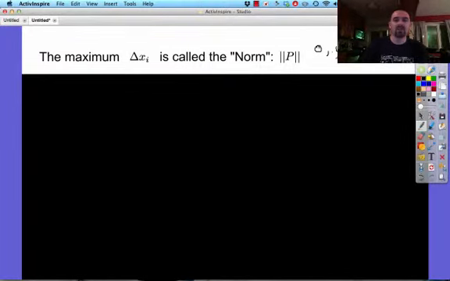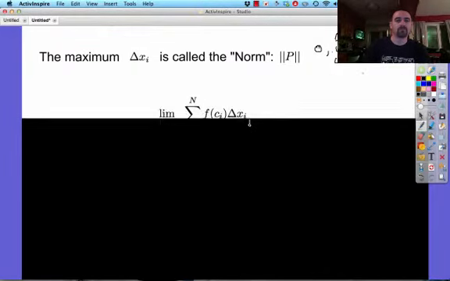So the biggest delta is this one, 0.4. So delta 2, in this case, is 0.4, and therefore that's the biggest delta. So the norm of this particular way of chopping up the interval from 0 to 1, the norm of that partition is 0.4. Okay? All right.